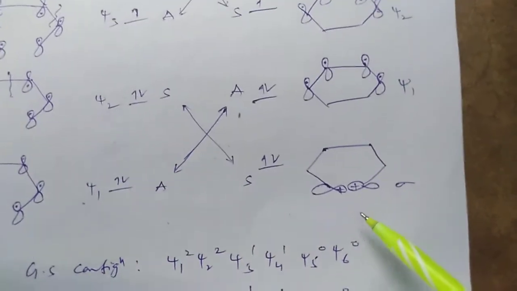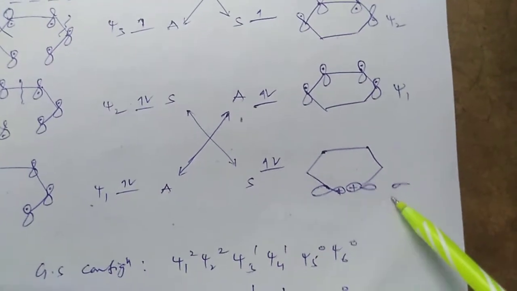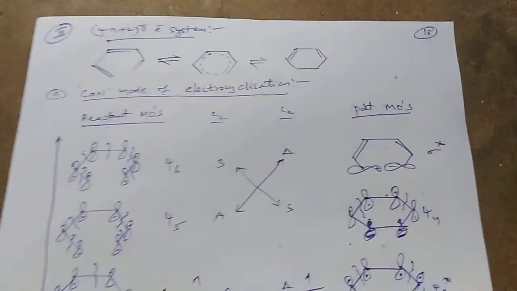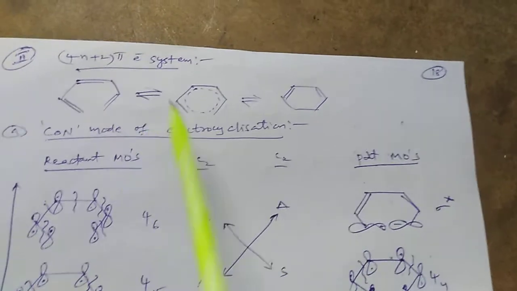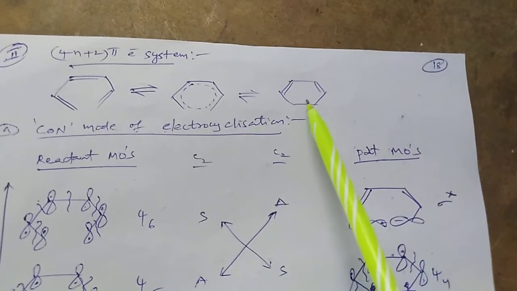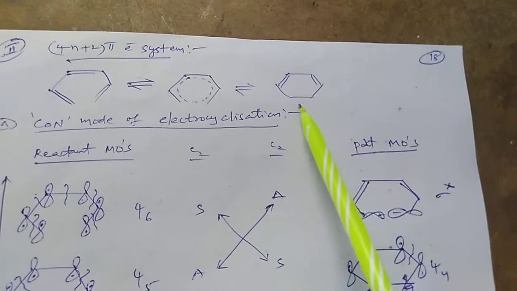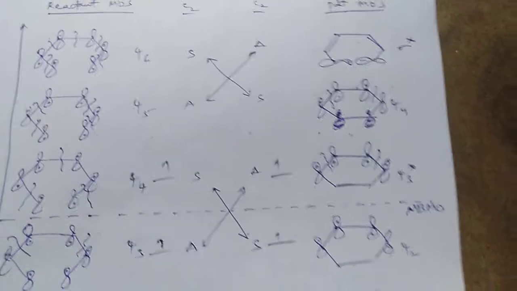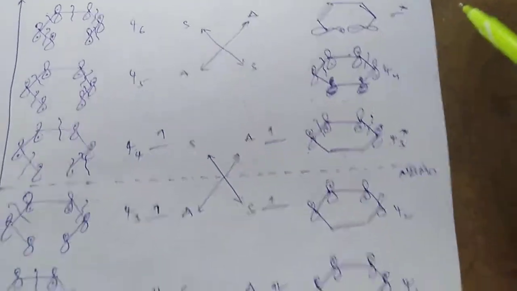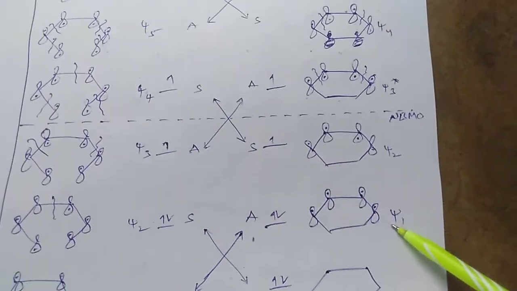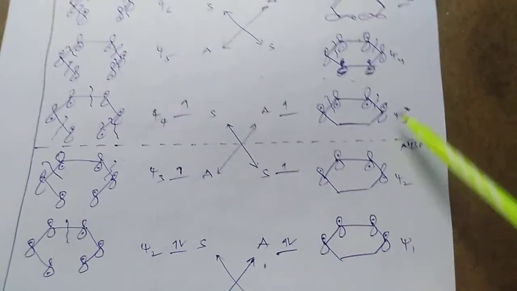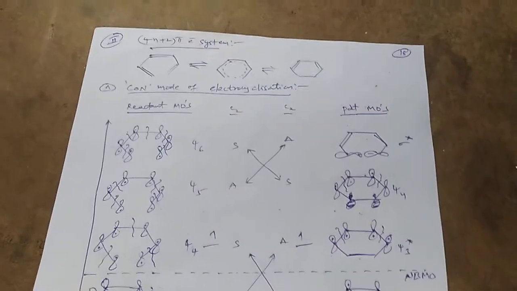In the product side molecular orbitals, they form a sigma bond. In 1,3,5-hexatriene, they form one new sigma bond at the termini of the carbons. Sigma bond: bonding molecular orbital, sigma star anti-bonding molecular orbital. Psi1, Psi2, Psi3 and Psi4.